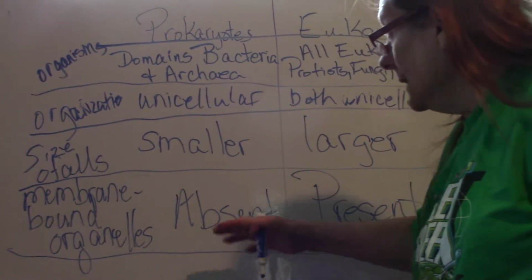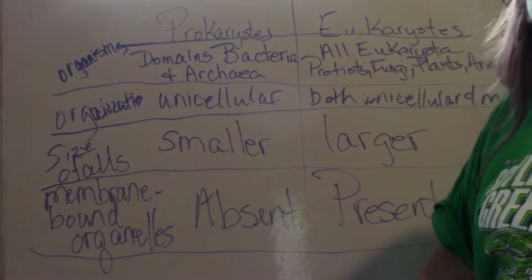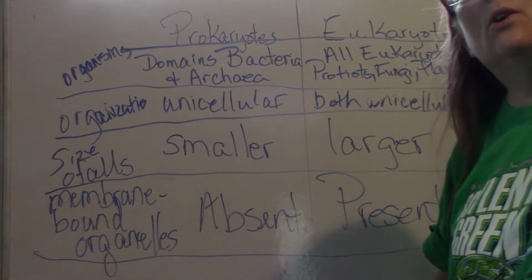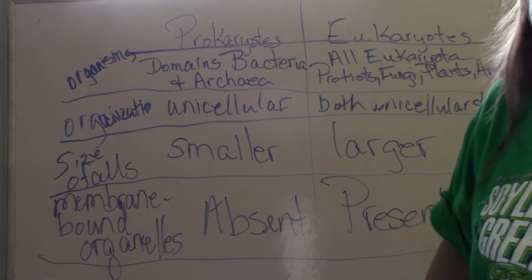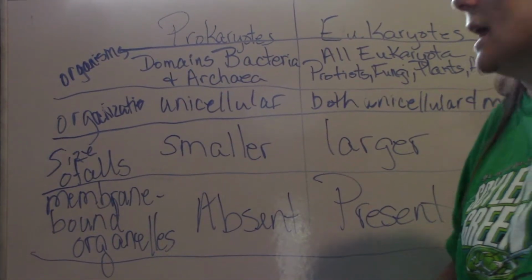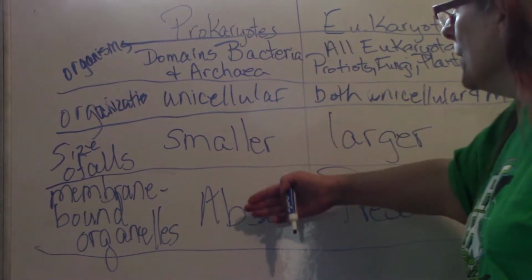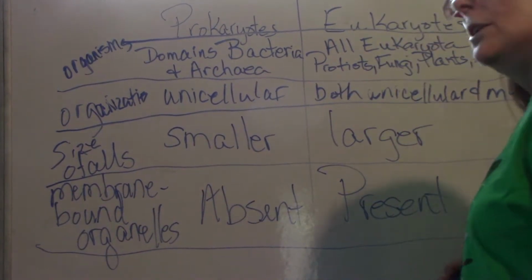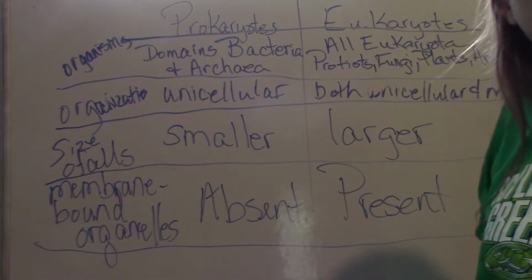Now, if I ask you on the test to tell me differences between prokaryotes and eukaryotes, this membrane-bound organelles characteristic covers the nucleus, the Golgi, the endoplasmic reticulum, the mitochondria, the chloroplast. So you can't double or triple dip into it and say, prokaryotes, no nucleus, eukaryotes, nucleus. Prokaryotes, no Golgi, eukaryotes, Golgi. You cannot do that. That is all in one category.